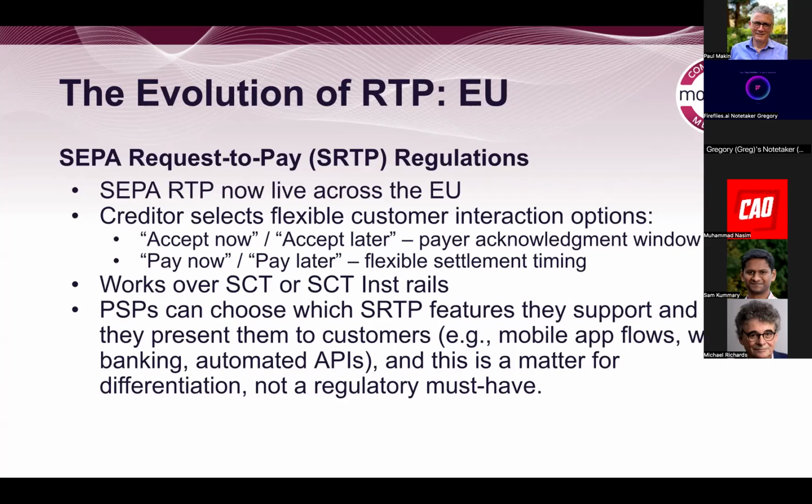It's the payer who has to define whether they want it now or they will accept it later, and the payee can choose to decide it as well. It works over the existing SEPA rails, and PSPs can choose which features they support. It's a matter for differentiation, not a regulatory must-have, as is the case in the UK.